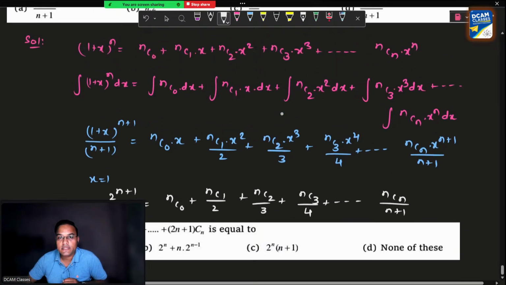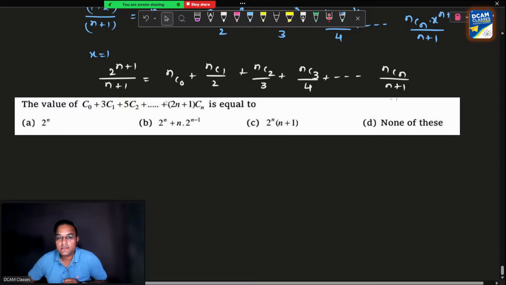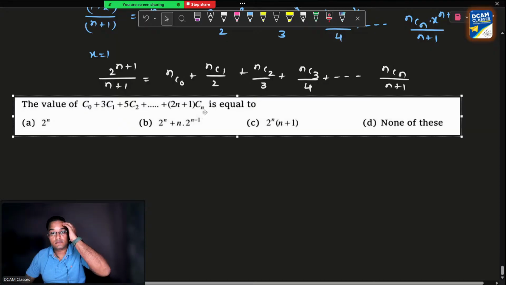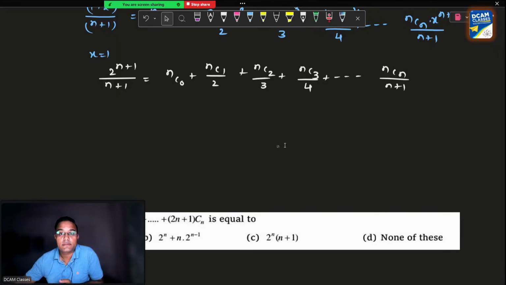What they have asked actually is from C1. Then we have to minus this: 2 power n plus 1 by n plus 1 minus NC0. NC0 value is 1.